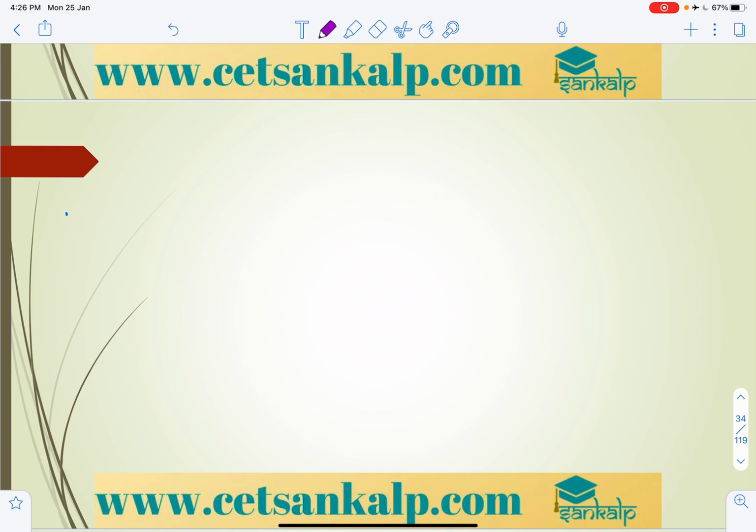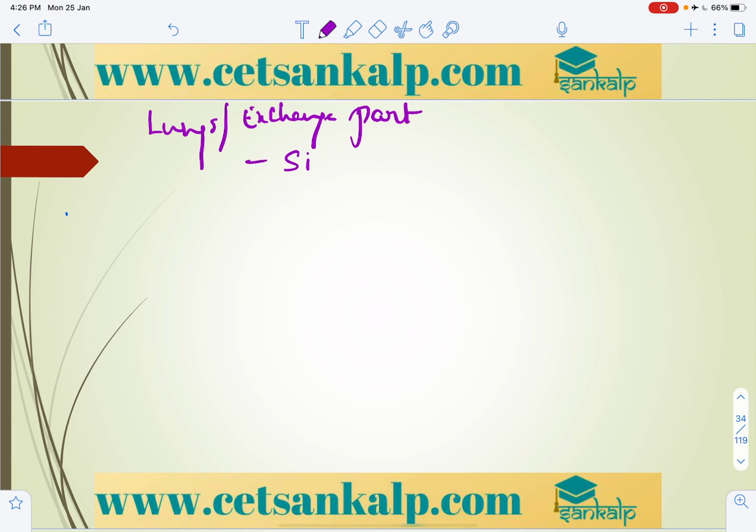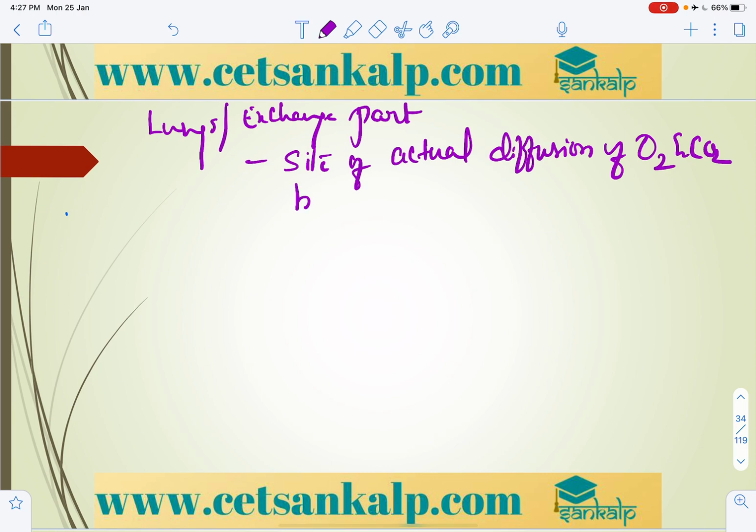The lungs are the exchange part, the site where the actual exchange of gases takes place by means of diffusion, that is, the diffusion of respiratory gases, oxygen and carbon dioxide, between the blood and the alveoli, or we can say between the blood and the atmosphere.